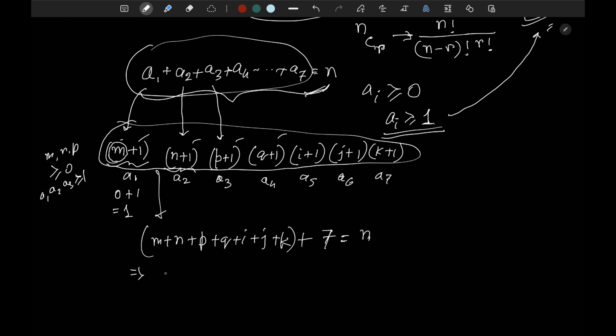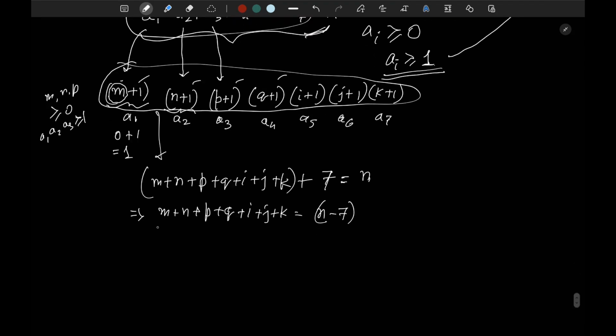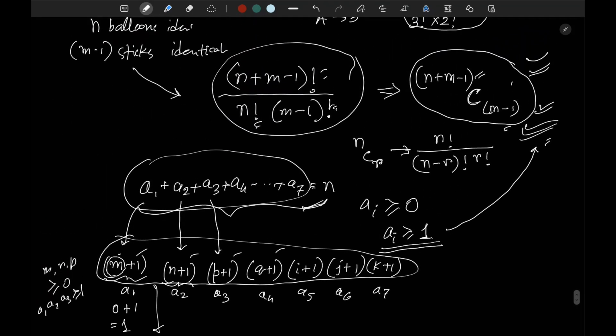So from here 7 will go to that side: m plus n plus p plus q plus i plus j plus k equals n minus 7. Notice now what has happened. These values of m, n, p, q, i, j, k can now be greater than or equal to 0. So it is safe to apply this formula in this case.